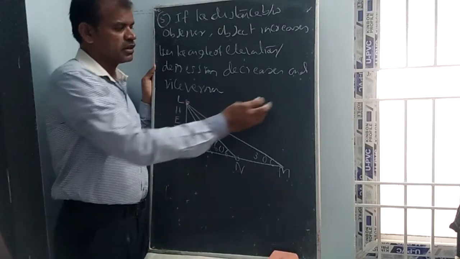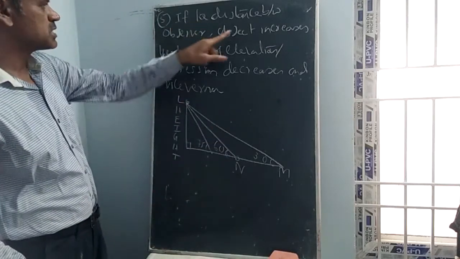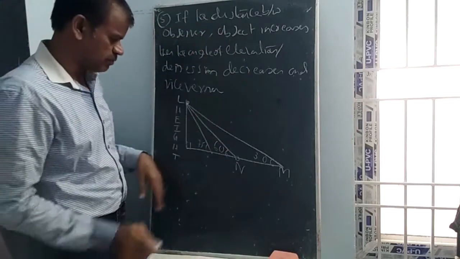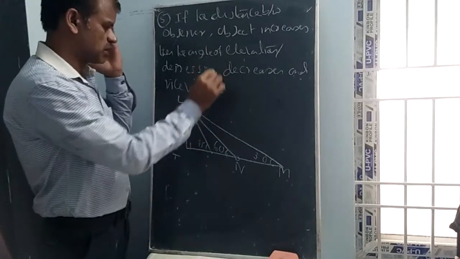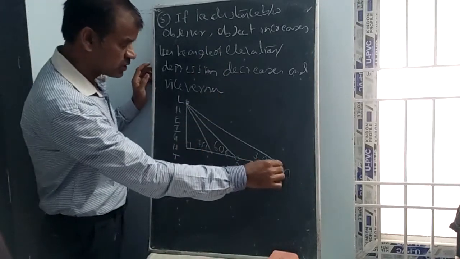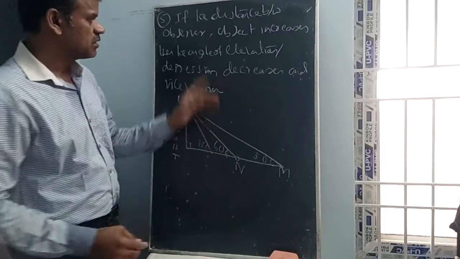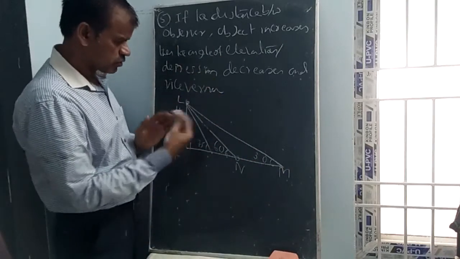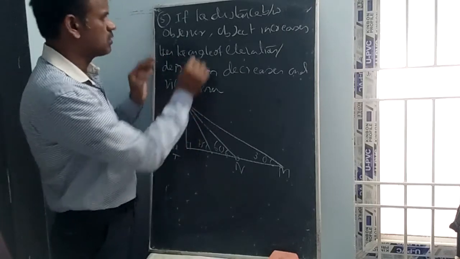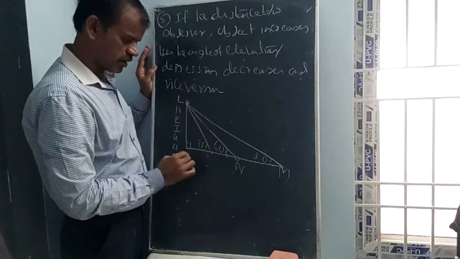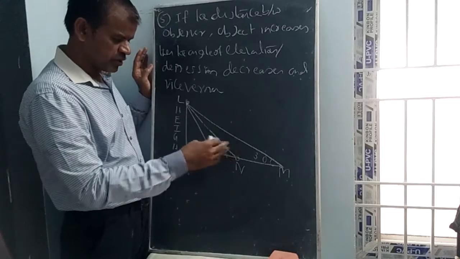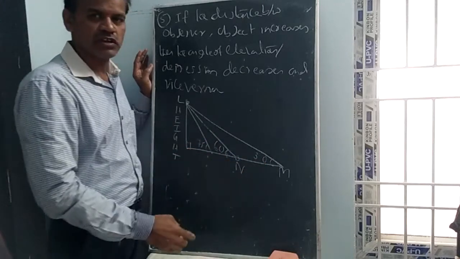So what is the condition here? If the distance between observer and object is decreasing, the angle increases, and vice versa. If the distance between observer and object increases, the angle of elevation decreases.